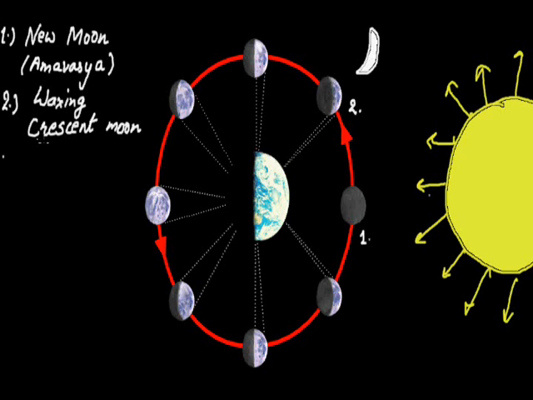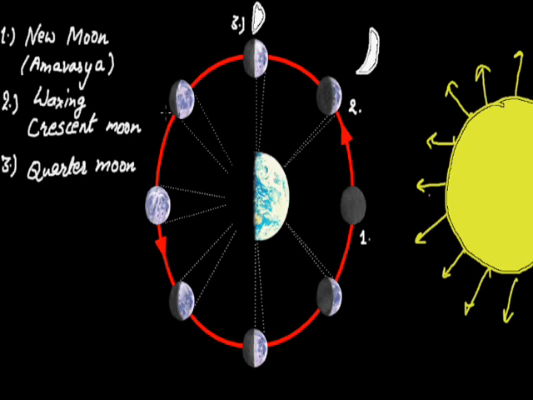Now we come to the third position, and in this third position we can clearly see that this time the moon becomes halfway, and from earth half of the face of moon can be observed, and this moon is said to be the quarter moon. Now we are coming to the fourth position.